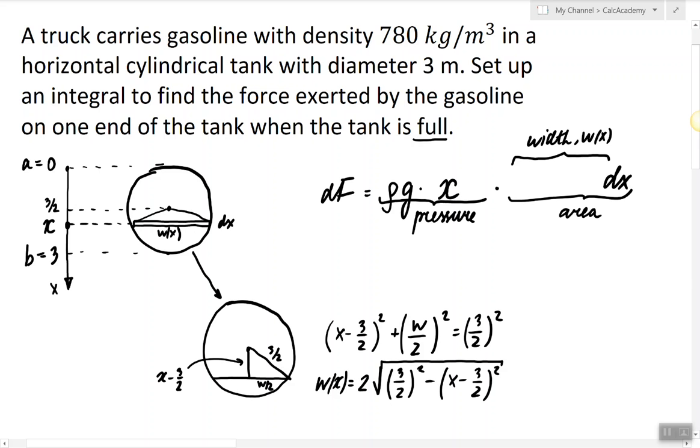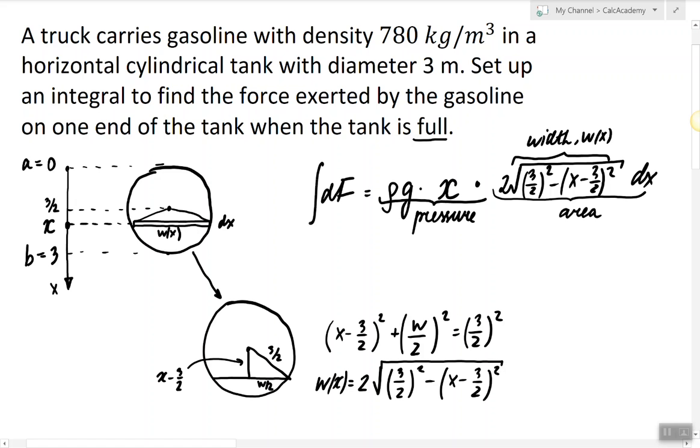So it goes right here. I'm going to write 2 square root of (3/2) squared minus (x minus 3/2) squared, and this is the force exerted on that one strip.